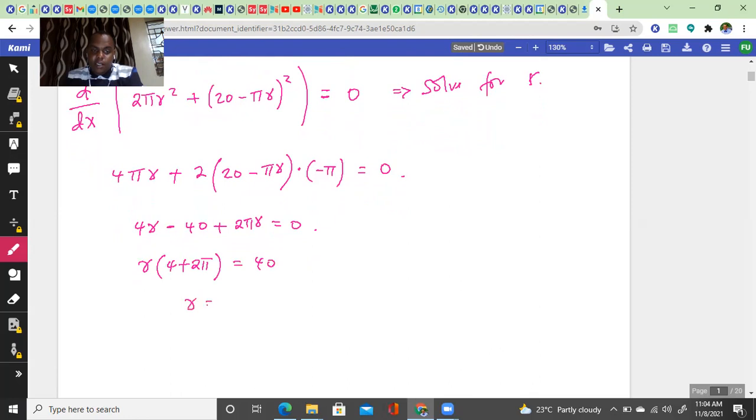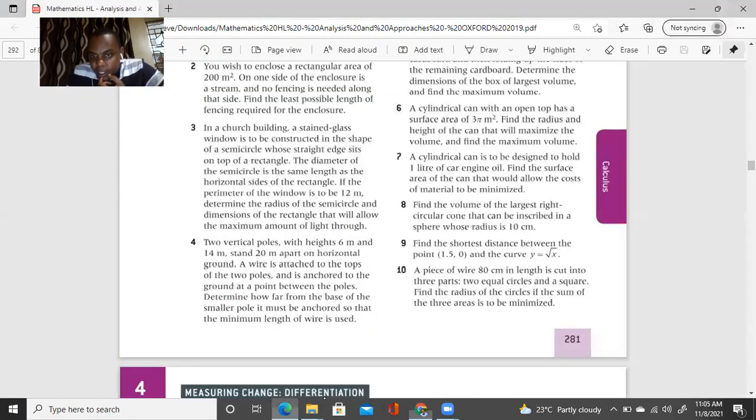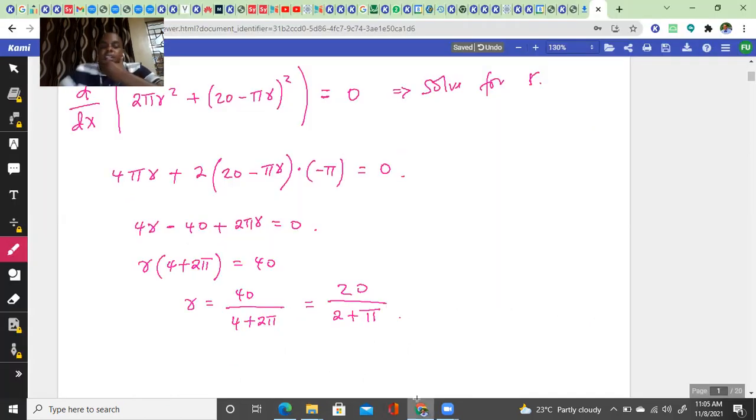And so the radius is going to be 40 over 4 plus 2 pi, which can be simplified to 20 over 2 plus pi. Right. So if we go back to the question, it was asking us to find the radius of the circles if the sum of the 3 areas is to be minimized. And this is going to be the radius of the circle.